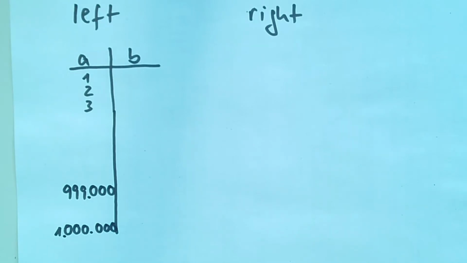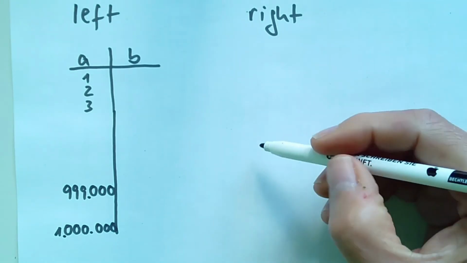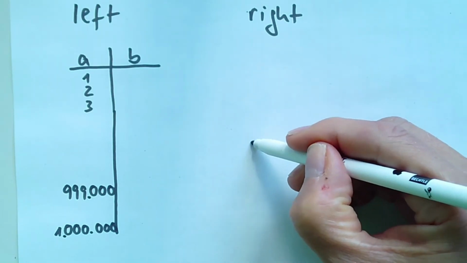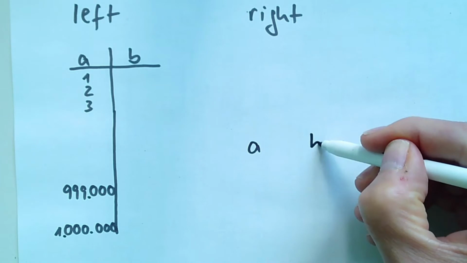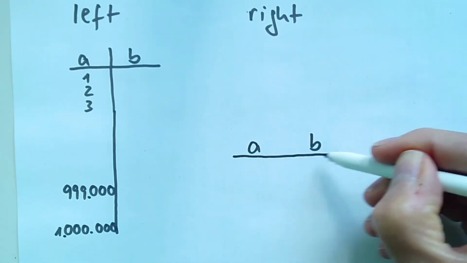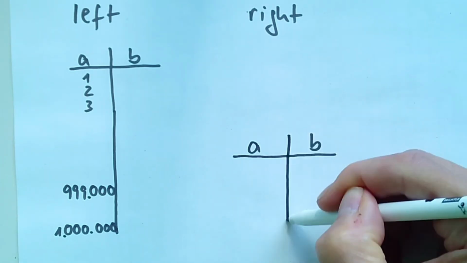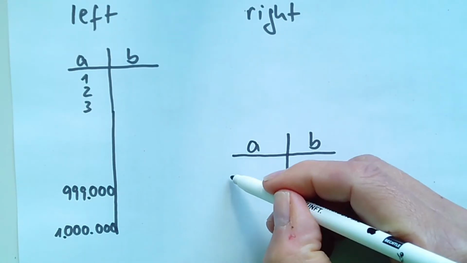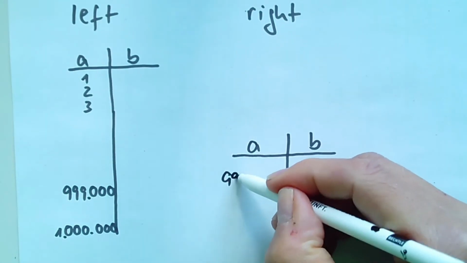In the right table, it would look a bit different. Let me sketch the table like this. It would also be an AB table, and it would start actually with the value 999,000.